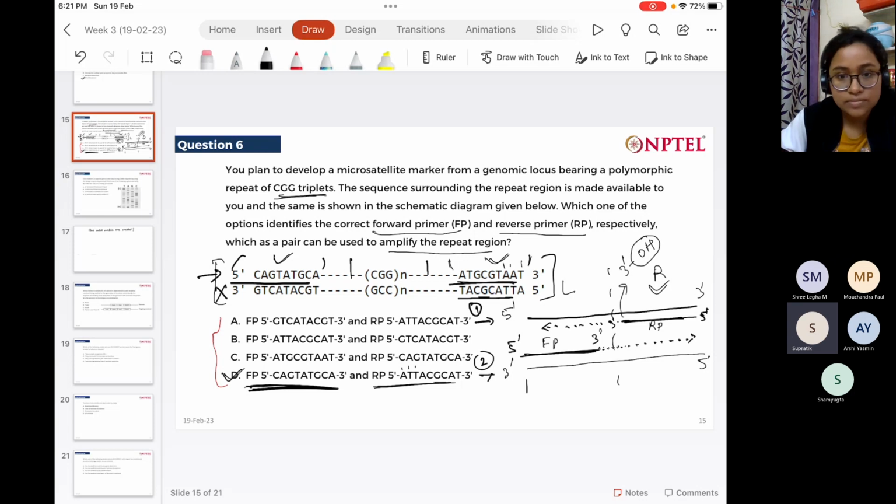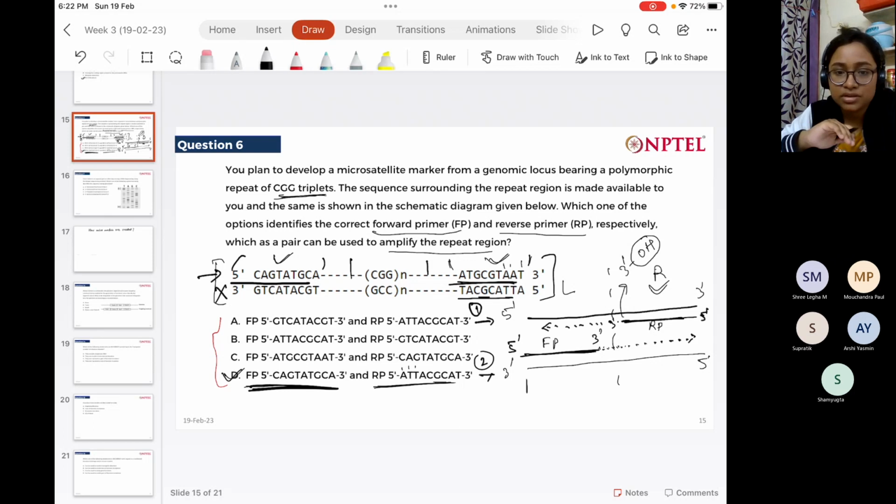Yeah, understood. But you said that the forward primer is always complementary to the lagging strand or something. I missed that. Here, when you're talking about PCR, we don't use the terms leading strand and lagging strand. These terms are only applicable when you're talking about DNA replication happening inside the cell.